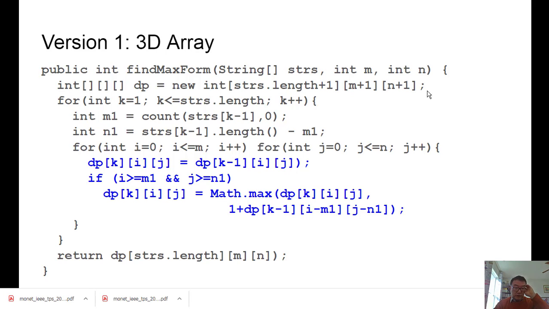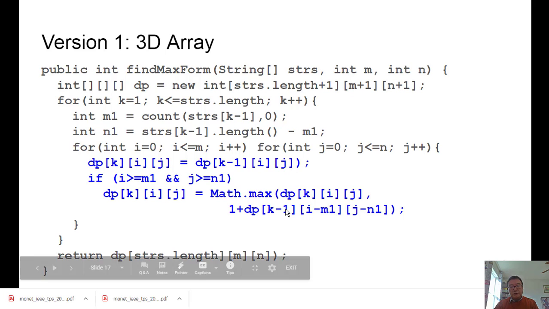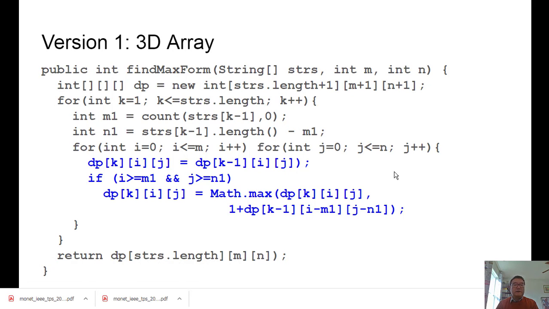Actually doing it in 2D is a little bit challenging, because you don't have a clear separation of dp[k][i][j] and dp[k-1][i][j]. This is implicit. But if you directly get rid of the k, then you run into the problem that this will also consider the case that the same string is formed again and again.